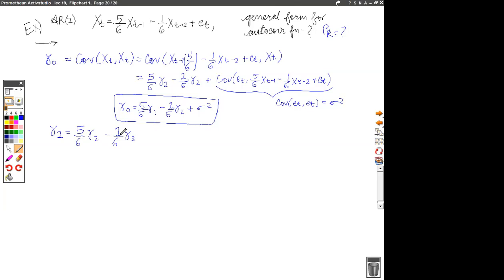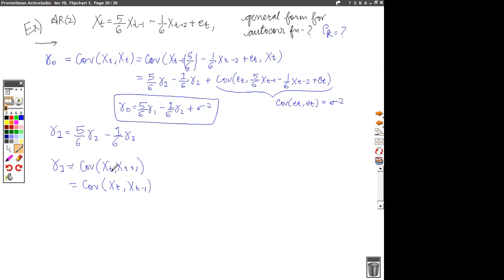Let us see how I will write my gamma 1. I want to write my gamma 1, which will be the covariance of xt comma xt plus 1, or I can also write it as the covariance of xt comma xt minus 1.